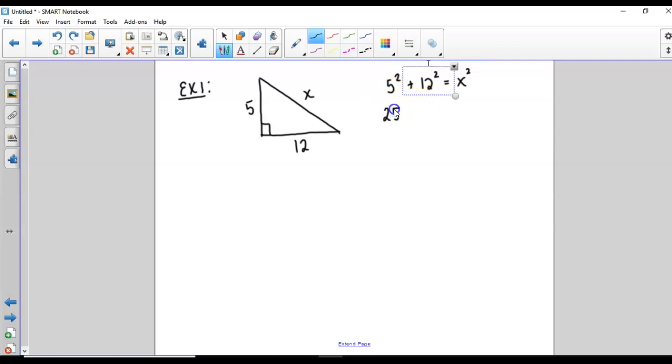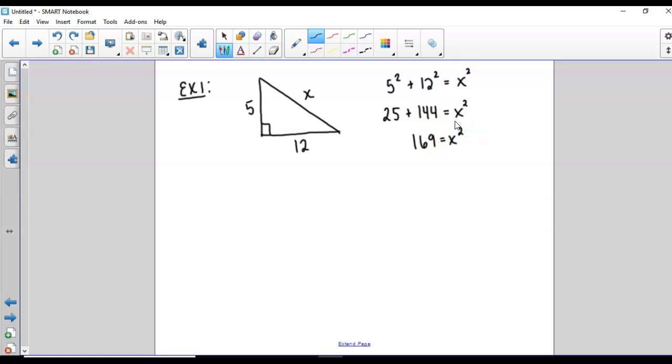Very good. What's 12 squared? 144. And then we need to add those together, so we'll get 169 equals x squared. Okay?